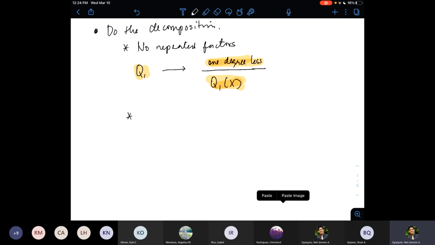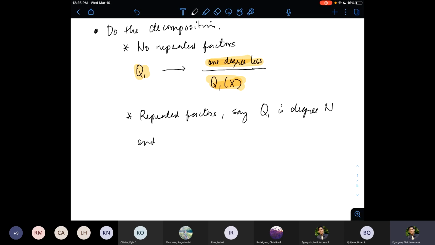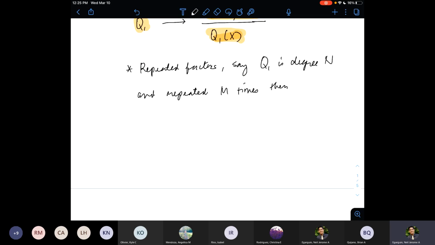Now, it is a lot more complicated if there are repeated factors. So if there are repeated factors, say Q1 is degree n and repeated m times, then Q1 will force us to have this in the decomposition.